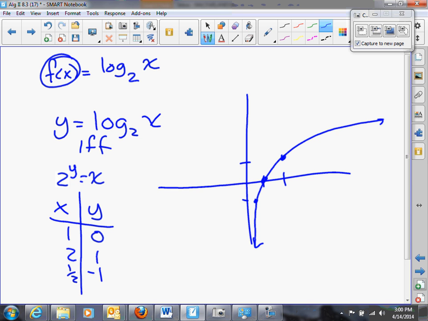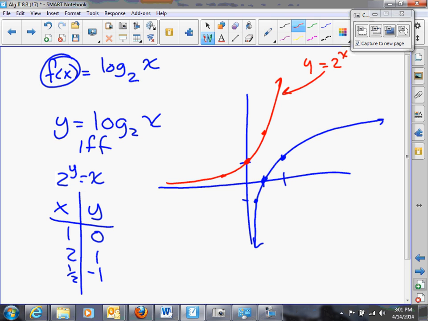It asymptotes with the y-axis down there, and it goes off over this way, although it does get pretty slanted after a while. Now, one of the things that I'll point out is if we had the graph y equals 2 to the x, we would have the points 0, 1, 1, 2, and negative 1, 1/2, and this would be the graph of the exponential function y is equal to 2 to the x.